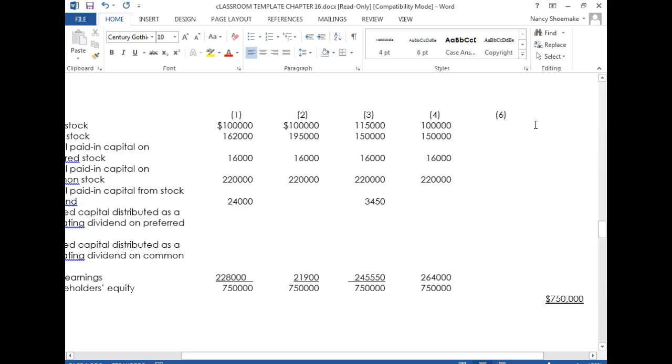How about number 5? What's going to happen with number 5? Is preferred stock changing, or is common stock being changed here? Neither. What was affected only? Retained earnings? Right? And what is our new retained earnings balance?